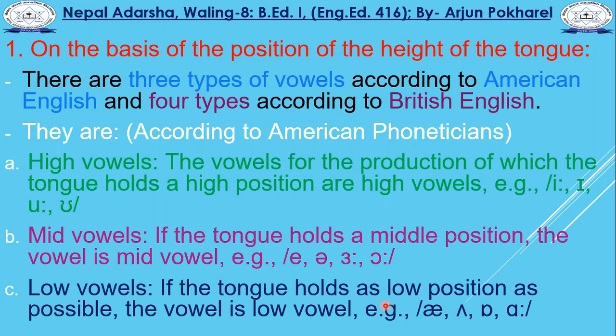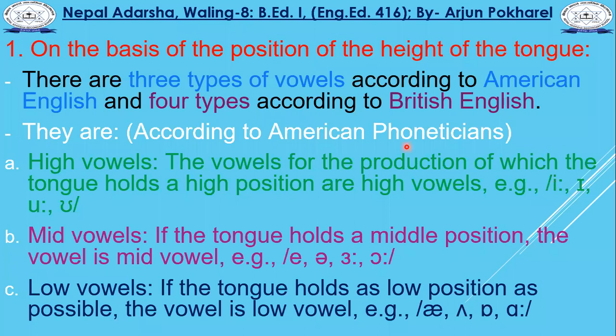Now you can see that there are four high vowels in English, four mid vowels, and four low vowels. Four plus four plus four, 12.